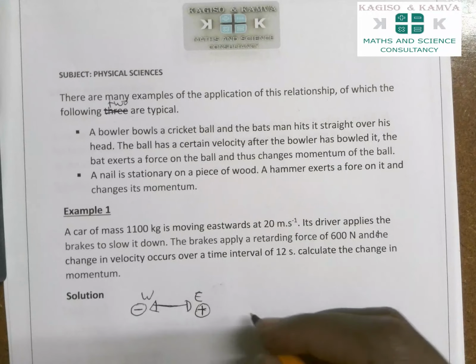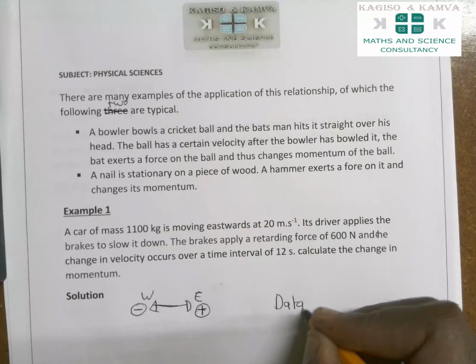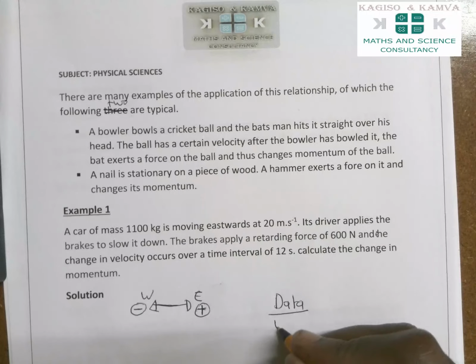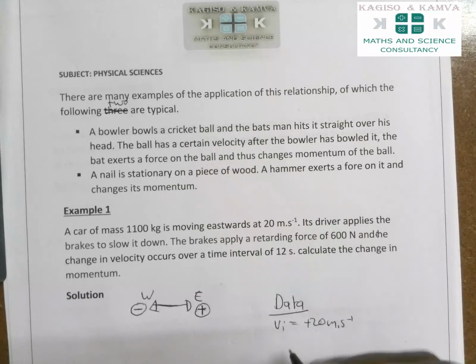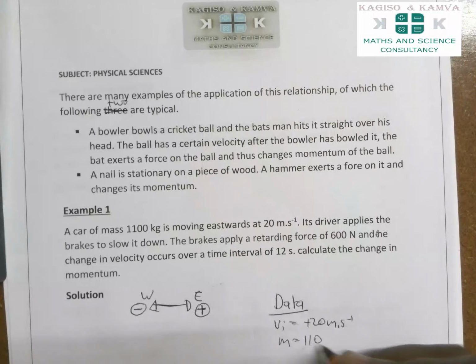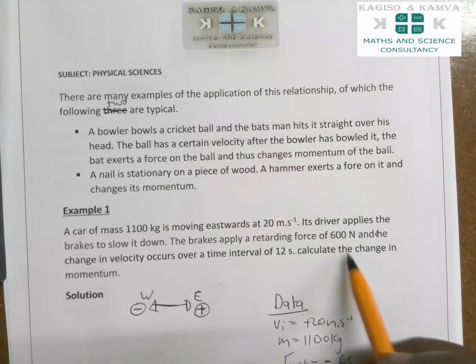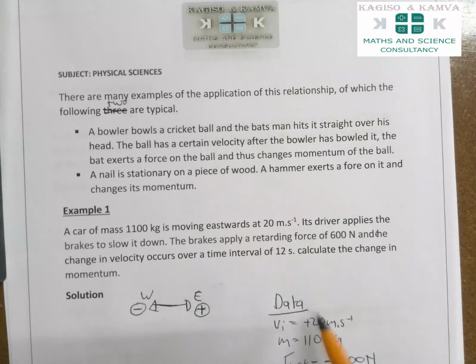For my data, Vi, because it is eastward, is positive 20 meters per second. The mass is 1100 kg. The force, a retarding force, is in the opposite direction, so negative 600 newtons, and the change in velocity occurs over a time interval of 12 seconds.